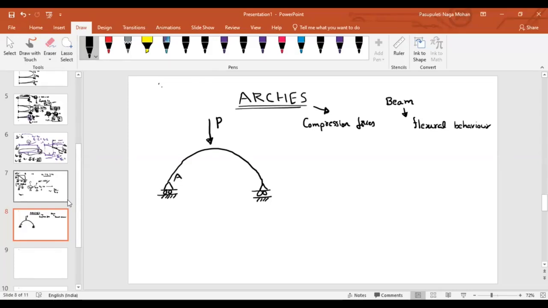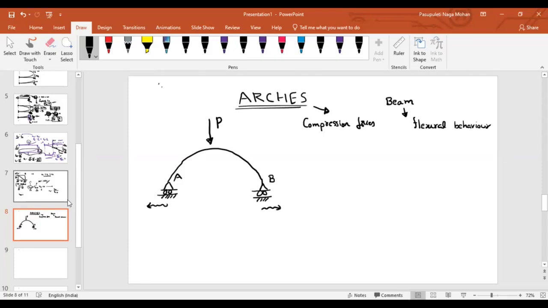Will they remain stable or will they move? If so, in which direction? Either they will move outwards or inwards, or they don't move. Imagine practically, if you apply a compression force, how will the supports move? Will they move outwards or towards each other? Obviously, towards left, and the other towards right. That means they are moving outwards, isn't it?